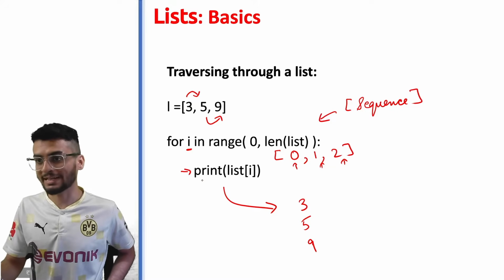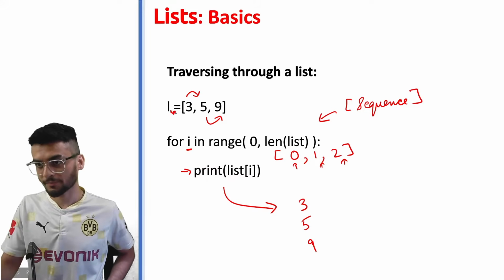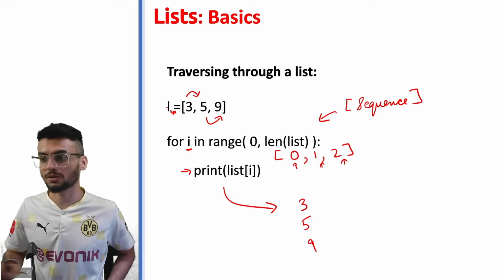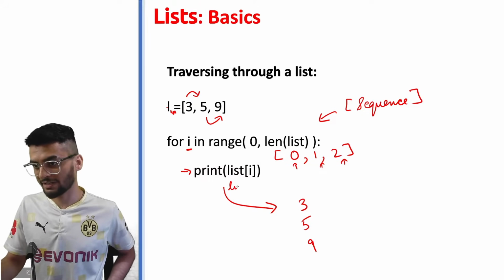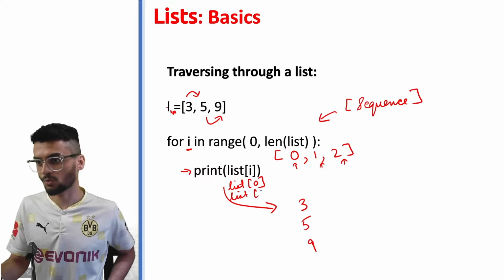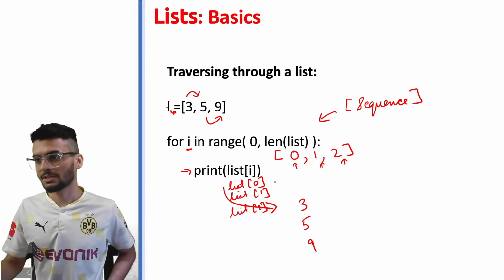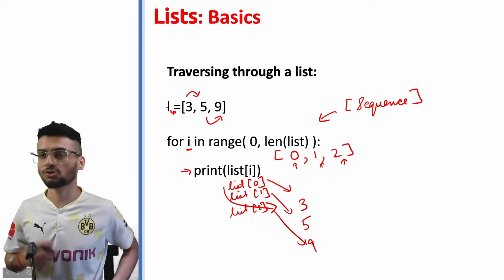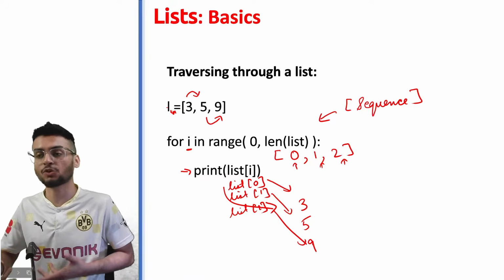But when I'm printing, what will I do here? I will choose the index of the list from these numbers, which means it will eventually look like this: list at 0, list at 1, list at 2. When you print all these elements, you will get this. So this is how you can extract the elements from inside a list.